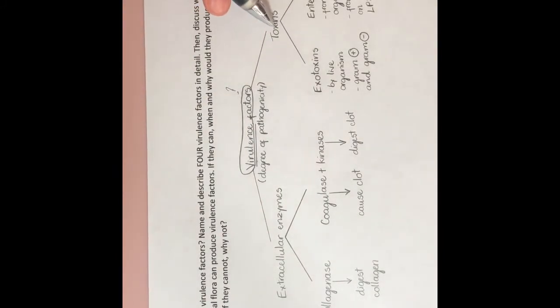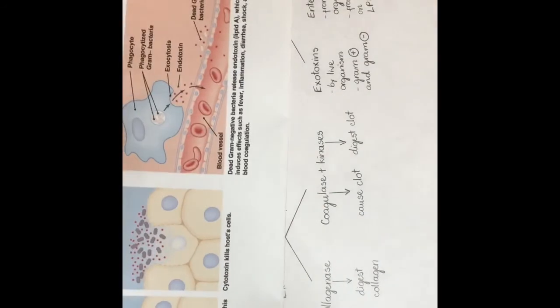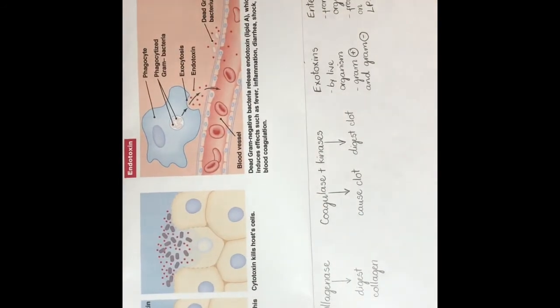Toxins, harmful chemicals, can cause damage and affect the immune response. Toxemia means toxin in the blood, and it carries beyond the site of infection. Two types of toxin are exotoxins and endotoxins. Exotoxins are released by live microorganisms and destroy host cells.